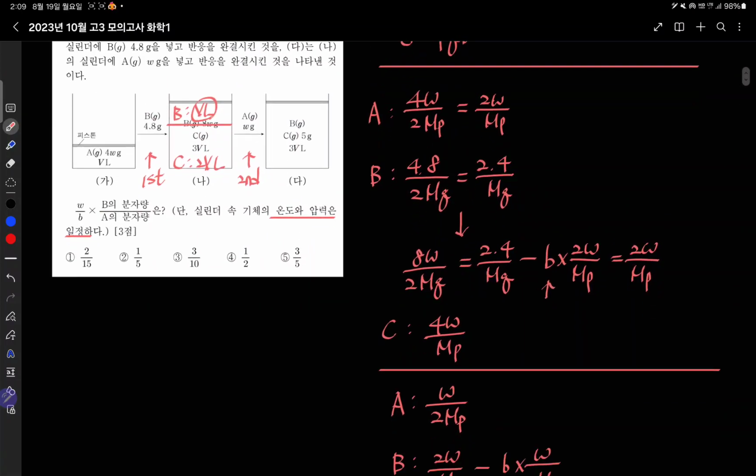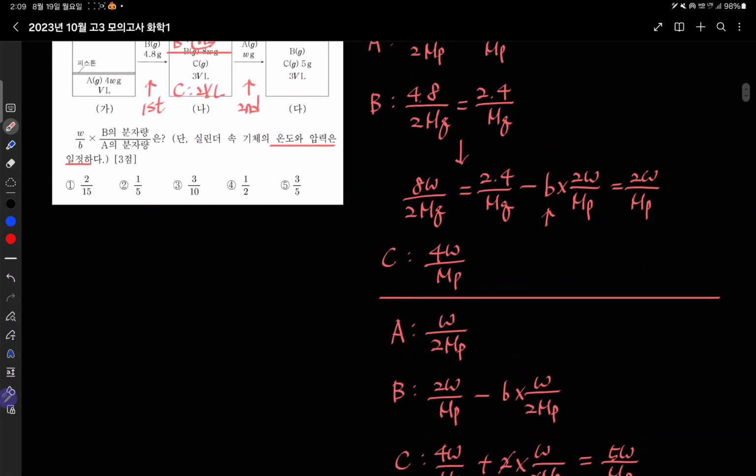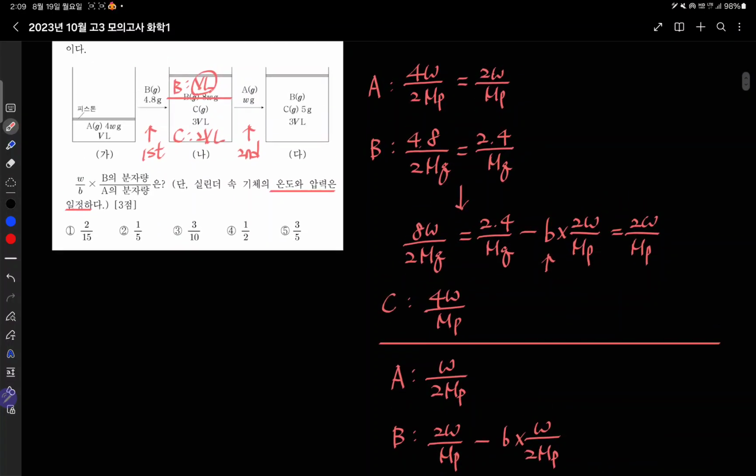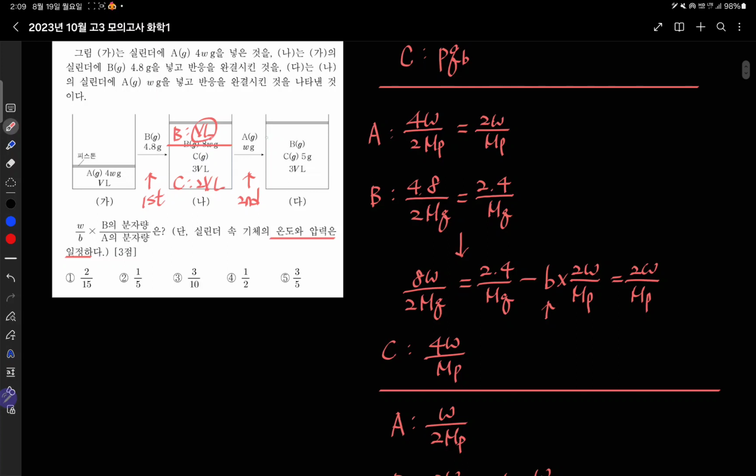And in terms of volume, because 1/4 of gas A molecules were introduced, 1/4 of this volume will be added to C. So after the second reaction, the volume of C will increase to 2.5 times V liter.